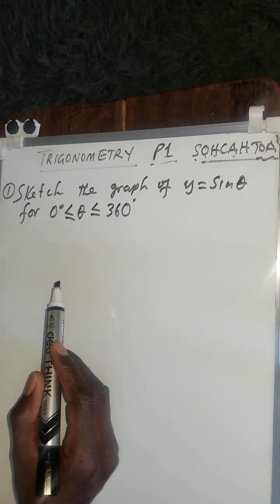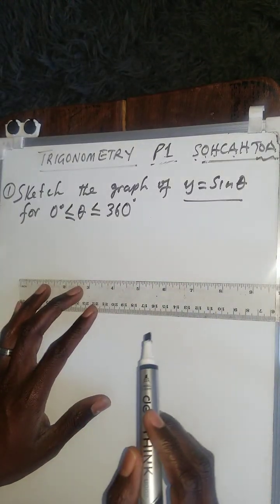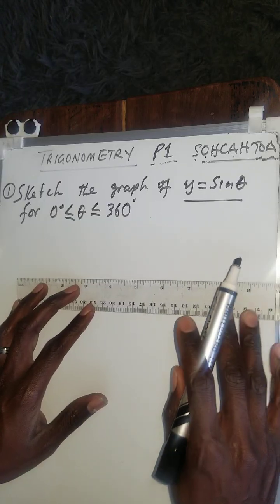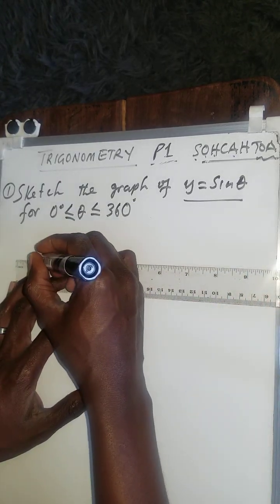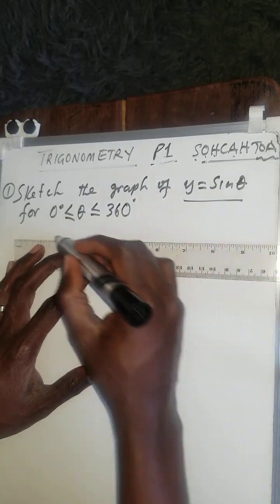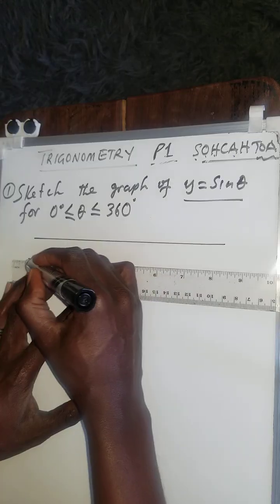That is very simple. So in order to plot the graph of sine of that angle theta, what you just need to do is create a table. That's the idea. Let me just do that. You can create a table indicating the values.